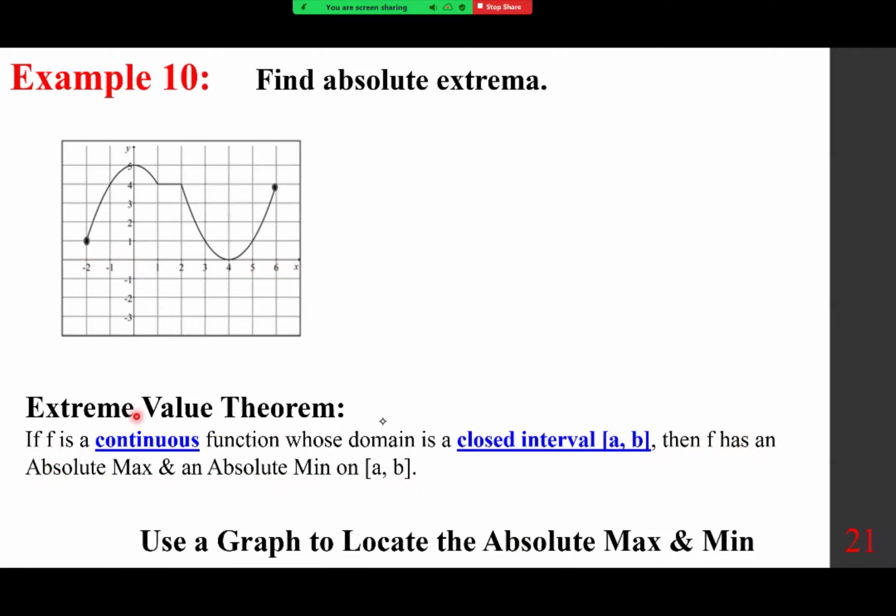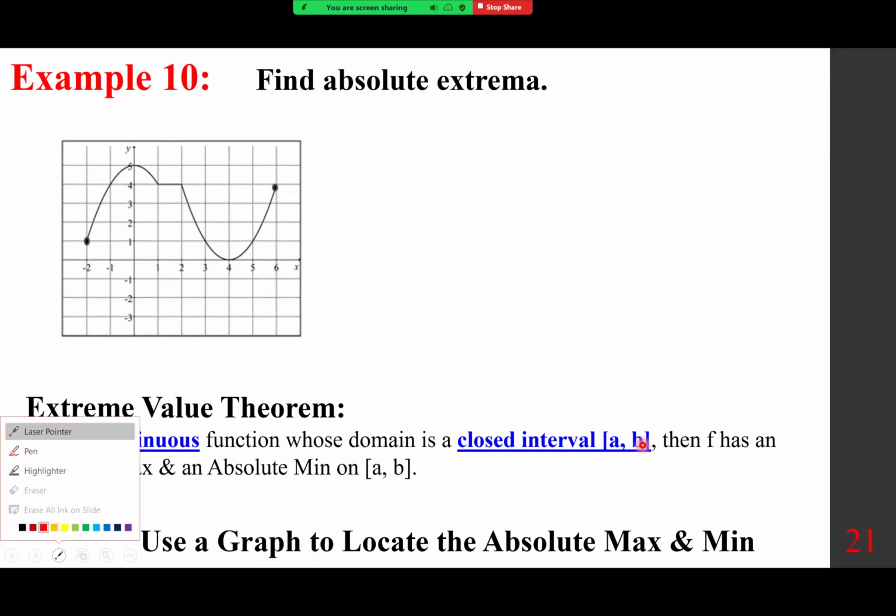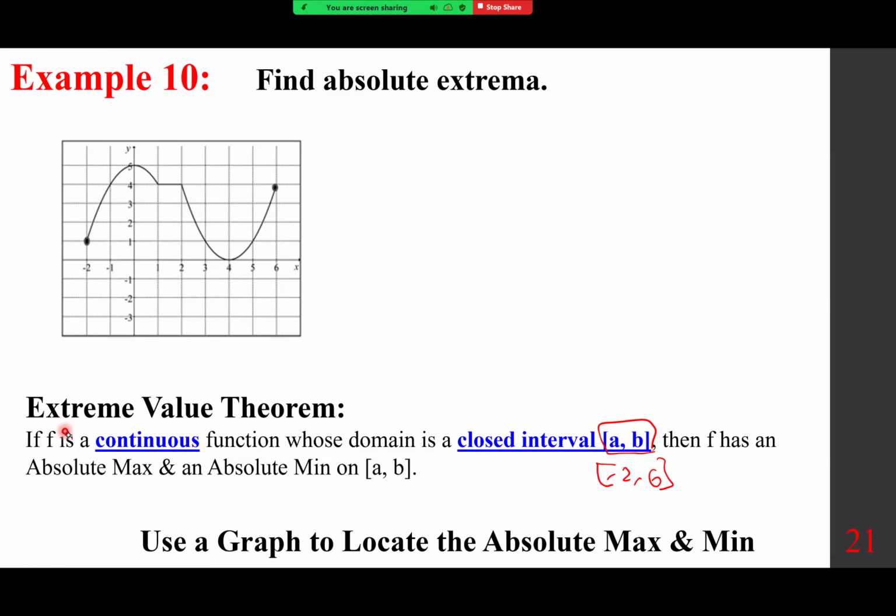So what is the extreme value theorem? Again, it's coming up in calculus. If you happen to have a continuous function which is closed from a to b, for us in this example, the a to b is from -2 to +6, we must have an absolute max as well as an absolute min.